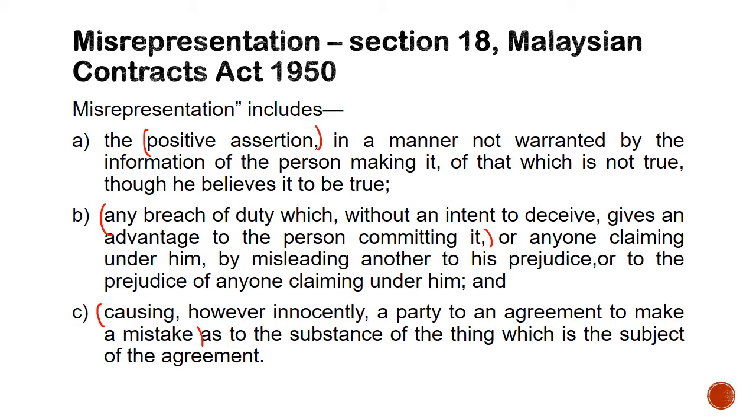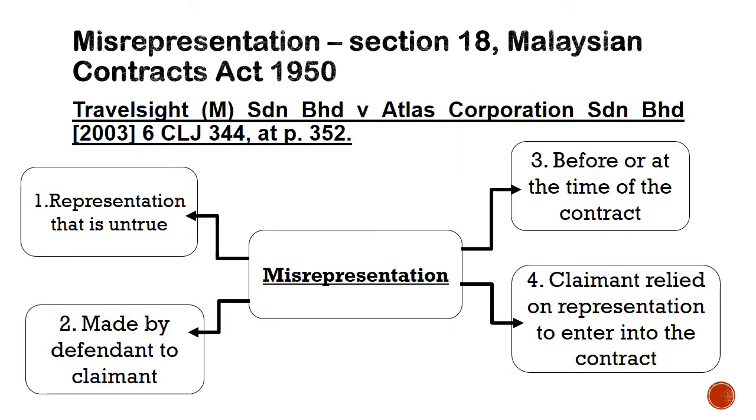Even though category B seemed to suggest negligence, it's not really negligence because negligence is based on fault. Here, even though there's a breach of duty, there is a key indication that the breach of duty arises without any intent to deceive.